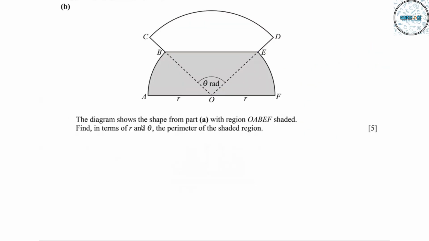Part B, the diagram shows the shape from part A with region OABEF shaded. Find in terms of r and theta the perimeter of the shaded region. For the perimeter of the shaded region, we have to add up this arc length, this length, this arc length, and this length.